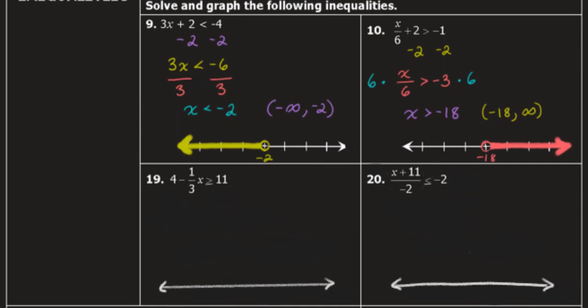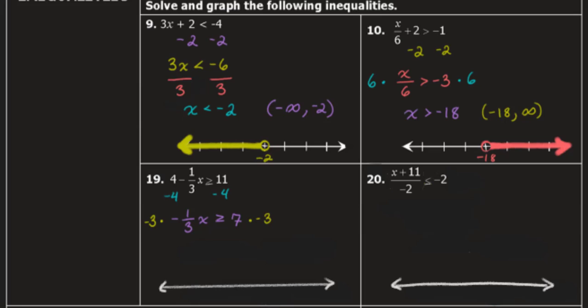Number 19. First, we need to subtract 4 from both sides, giving us negative 1/3 x is greater than or equal to 7. We need to multiply by negative 3 on both sides.